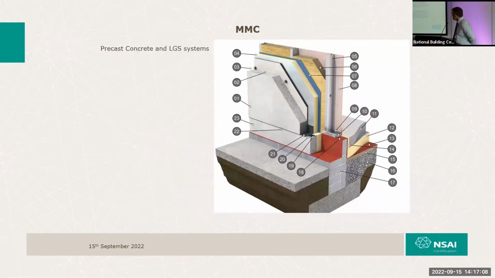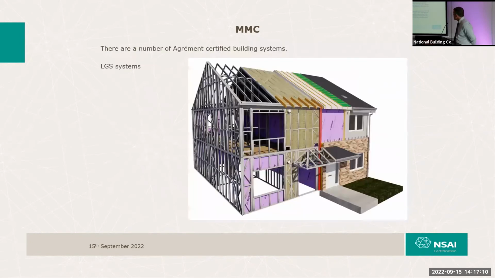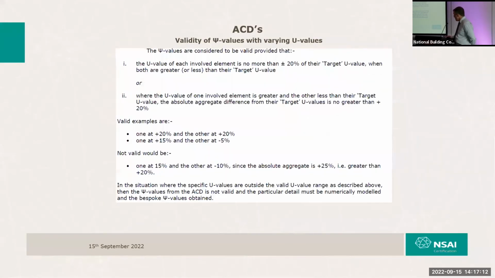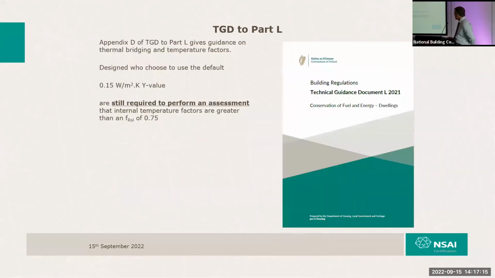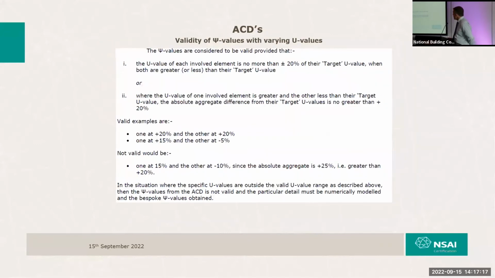The footnotes to those tables explain the allowable deviations in them. And I think Simon has already explained that an aggregated deviation of plus or minus 20% is acceptable.